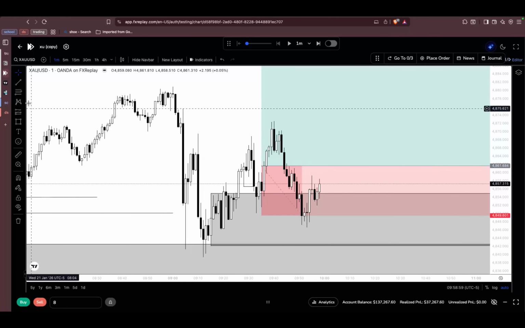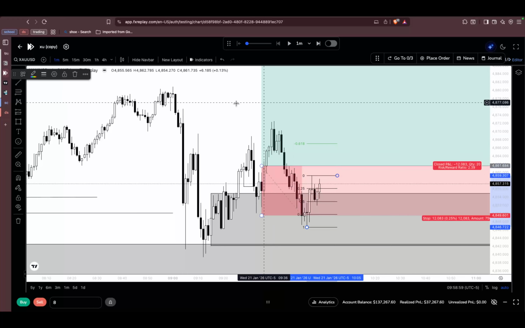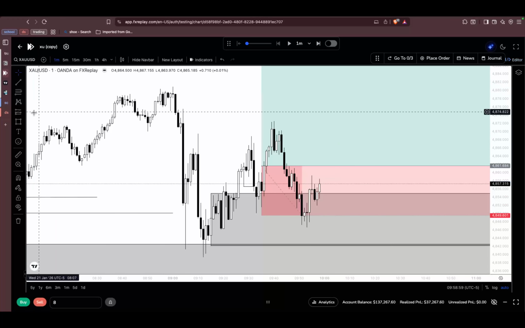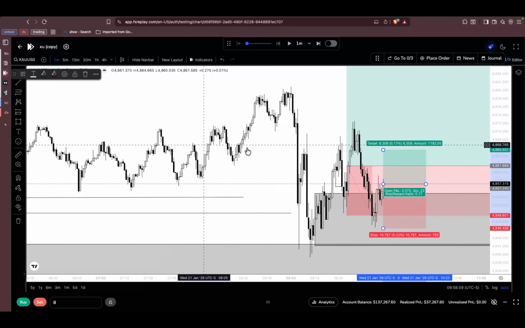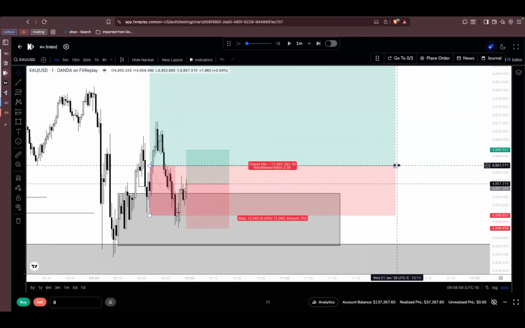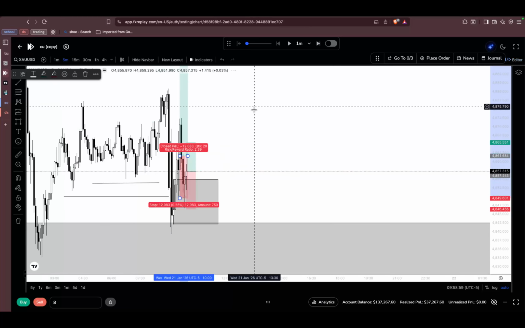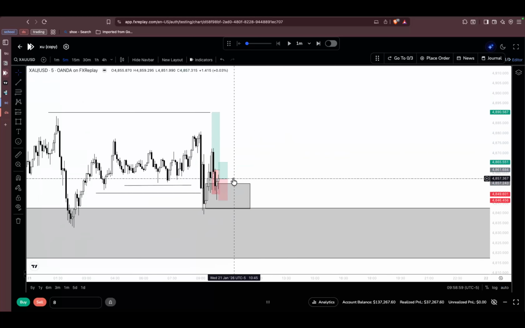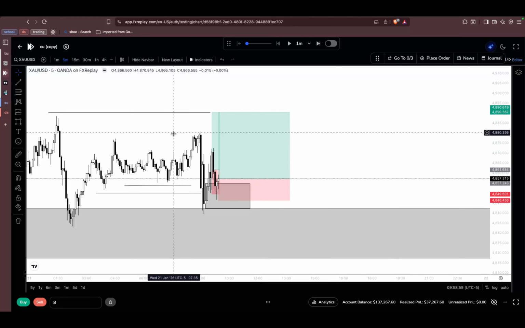I'll enter again. We have a Fibonacci here as well, just on the lower time frame. I'll enter again off the confidence that price is gonna push up. Probably should have had our stop loss below that area, but that was before 9:30, so we wouldn't have entered at that time. But I'll enter again with a better risk reward as well.